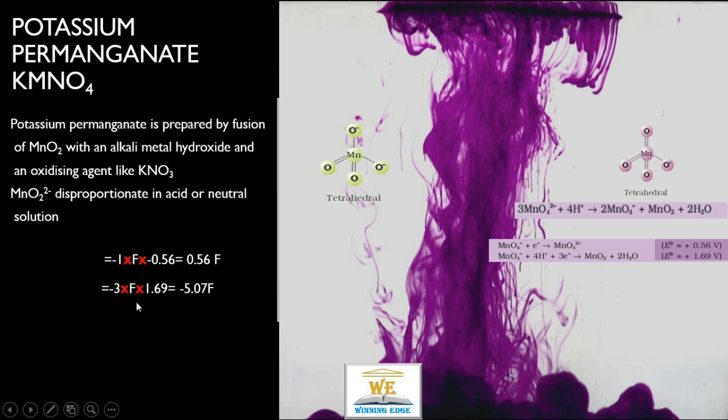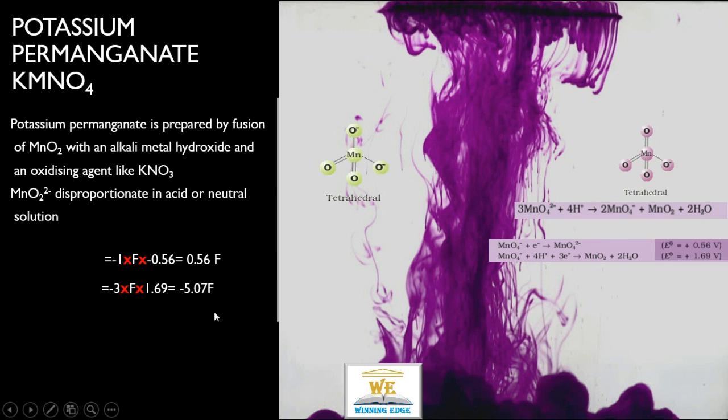We see here 1.69 nFE, where E is the electropotential, minus 0.507 F for permanganate to manganese dioxide. So if we sum it up, here we are having 3 moles of manganate, out of which 2 moles we get permanganate and 1 mole of manganese dioxide.